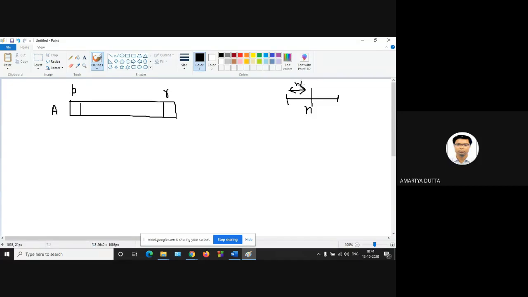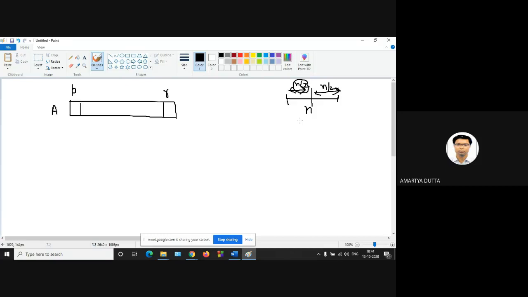Then you have to solve the n by 2 subproblems recursively. Finally, you have to combine the subproblem results so that you can get the final result. So this is the divide and conquer approach.